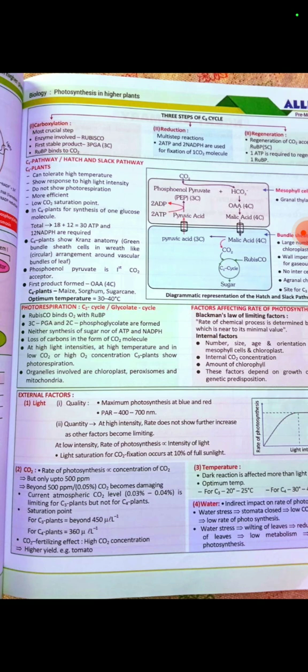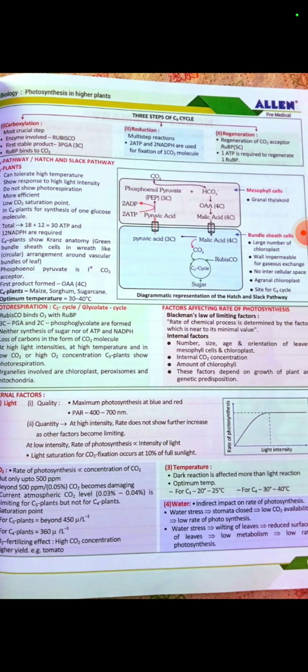CO2 fertilizing effect: high CO2 concentration, higher yield, example tomato. Temperature: dark reaction is more affected than light reaction because of the enzymatic content. Optimum temperature for C3 is lower and C4 is higher.